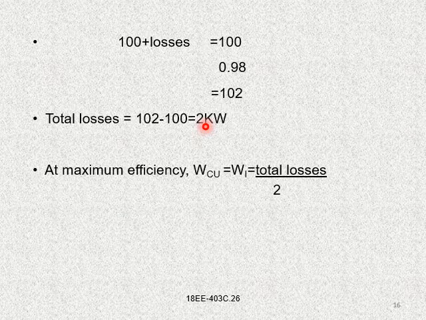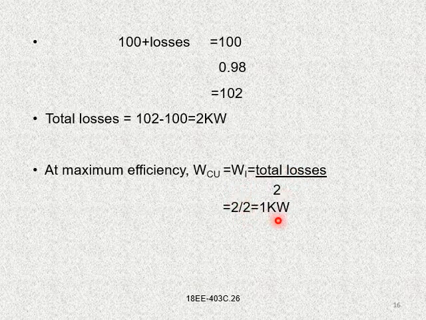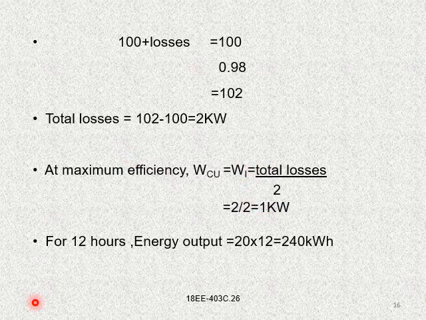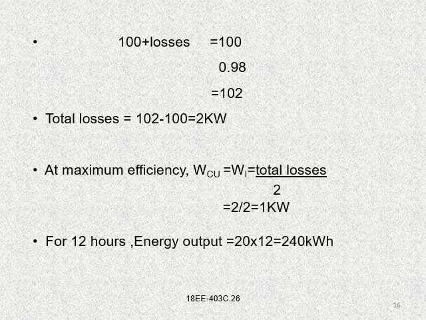These 2 kilowatts are the total of Wi and Wc. At maximum efficiency, the copper loss is equal to iron loss, that is equal to total loss by 2. That means 2 by 2 is 1 kW each. So iron loss is 1 kilowatt and copper loss is also 1 kilowatt.